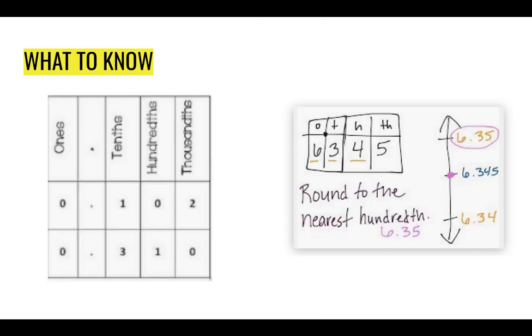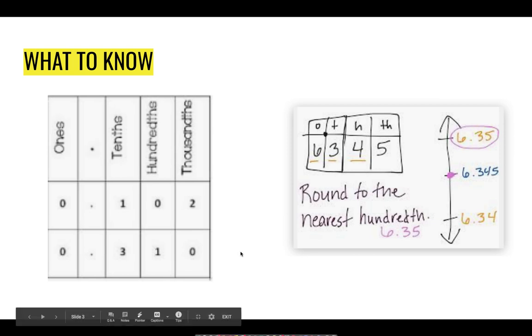So, what do we need to know for this lesson? When we are comparing decimals, it's important to use a place value chart, for instance, as we see in this picture here.